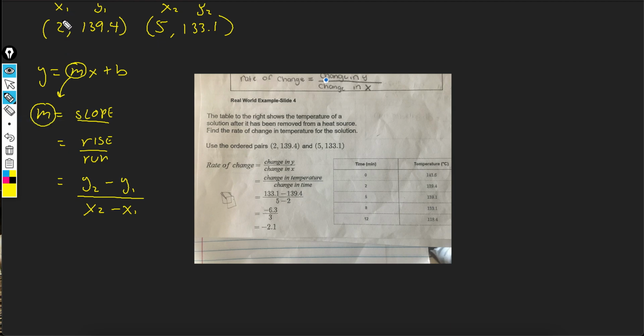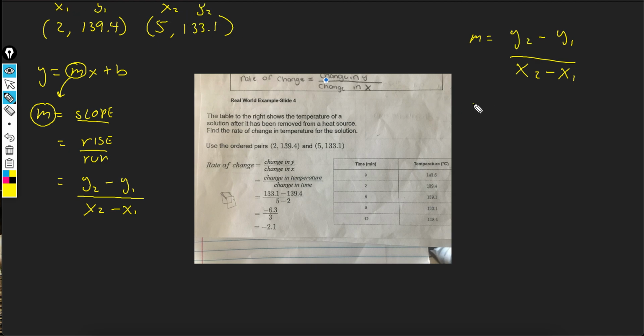So going back to our points, this is how we do it. We're going to start over here with m is equal to y2 minus y1 over x2 minus x1. Pretty simple, right? y2 minus y1, x2 minus x1. X on the bottom, y on top. So let's put it in order. What's our y2? Y2 right here. I'm looking for x1, y1, x2.